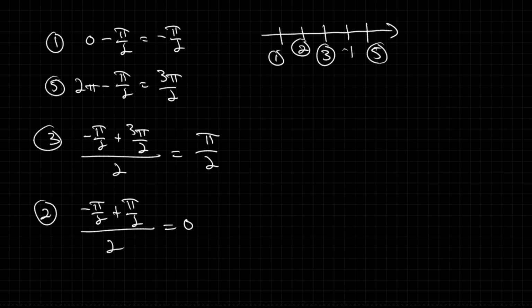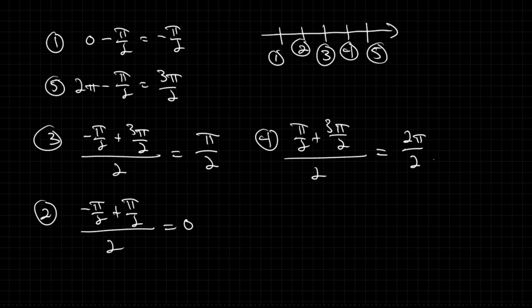And then the fourth happens halfway between the third and the fifth. So that would be pi over 2 plus 3 pi over 2 divided by 2. And pi over 2 plus 3 pi over 2, that's going to be 4 pi over 2, which is 2 pi, divided by 2, which is simply pi.